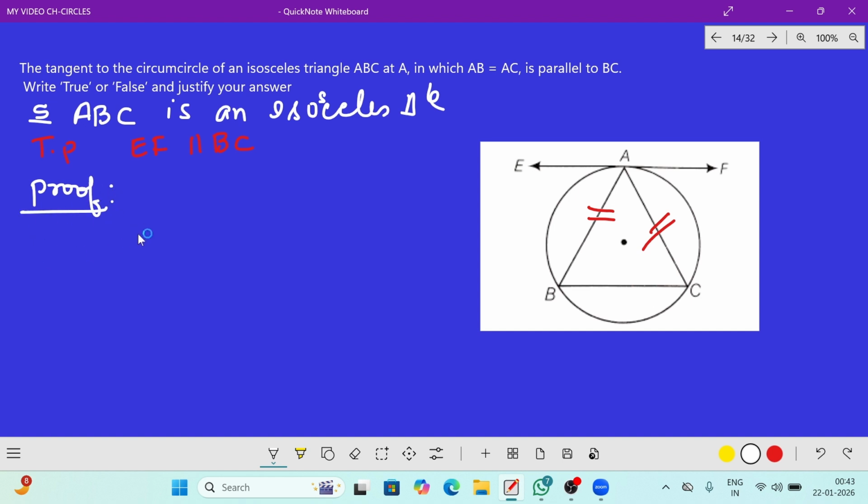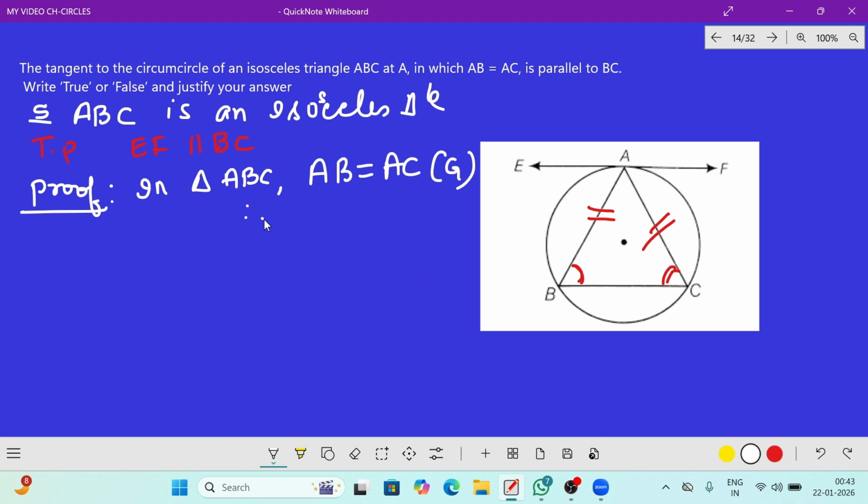Now we know that these two sides are equal, it is given. So in triangle ABC, I have AB is equal to AC. This is given. Then when AB is equal to AC, you know that the base angles will also be equal.